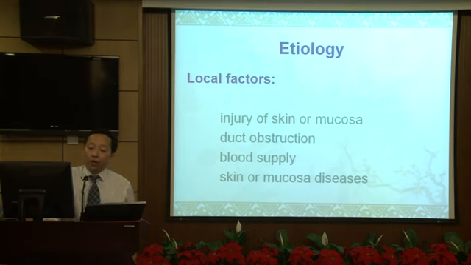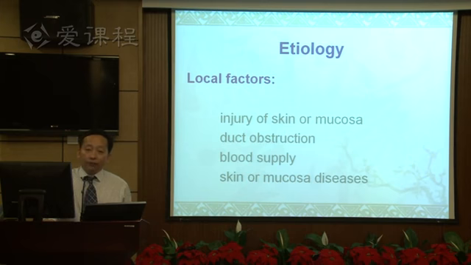And also the local factors for the host. If the skin or the mucosa was injured, or the duct was obstructed, or the blood supply of the organ is decreased, and also maybe the patient has a skin and mucosa disease.